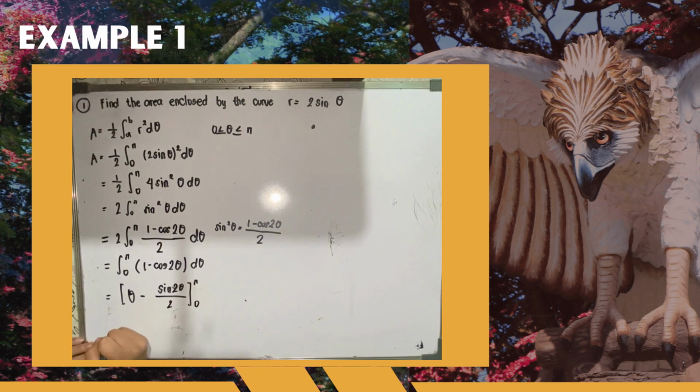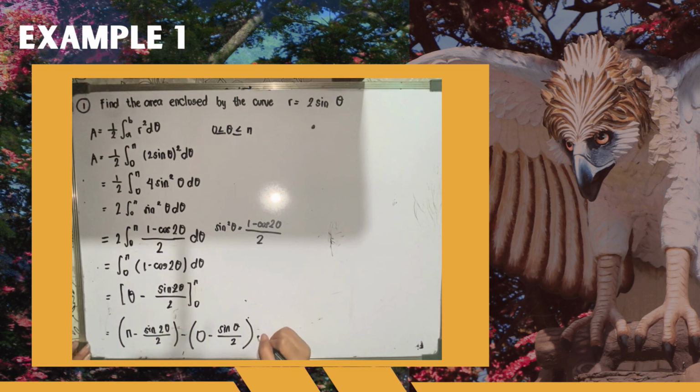So we have to substitute the limits, and we have pi minus sine 2 pi all over 2, minus 0 minus sine 0 all over 2.